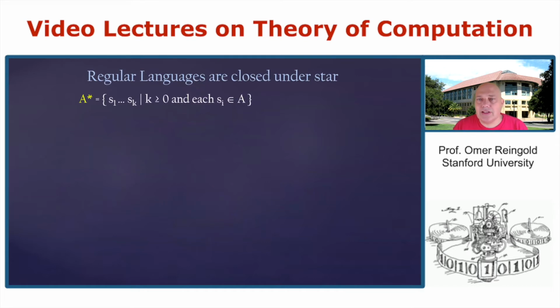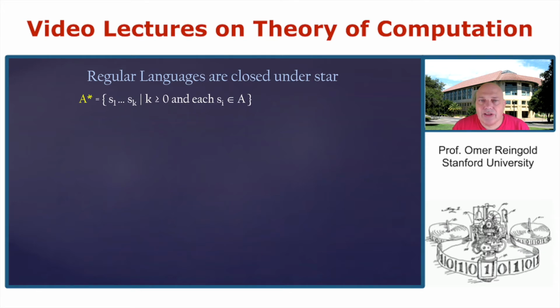So the Kleene star, in some sense, is a stronger version of the concatenation theorem, apart from the fact that it only concatenates A to itself.